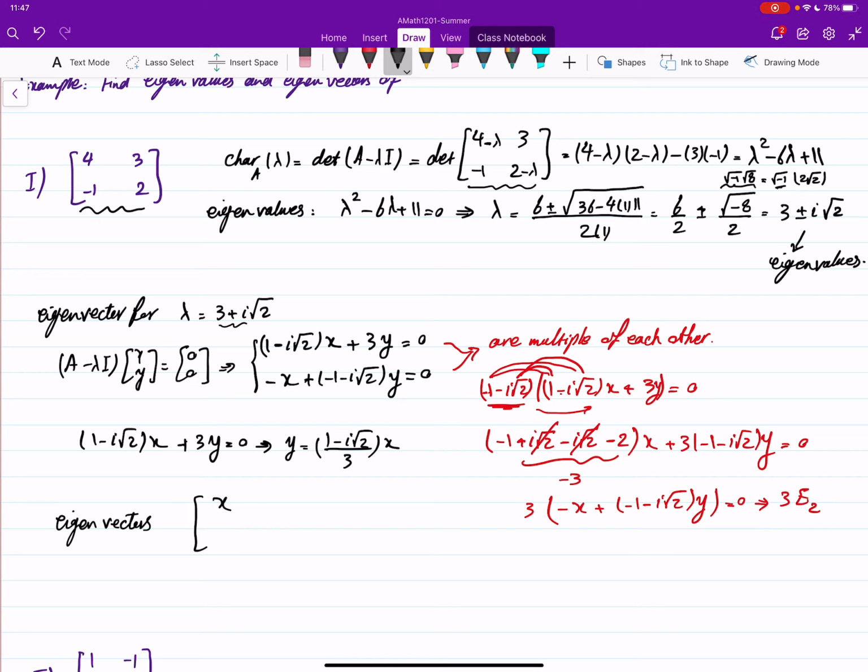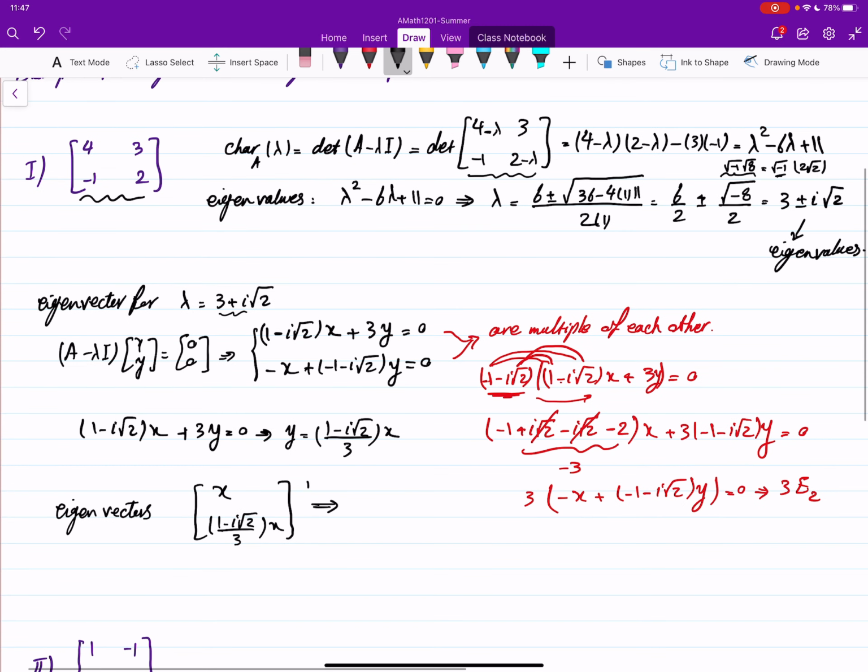First one is x. The second one is (1 minus i root 2) divided by 3 of x. In particular, if x is, let's put it 3, this one will be 3, 1 minus i root 2 as an eigenvector.